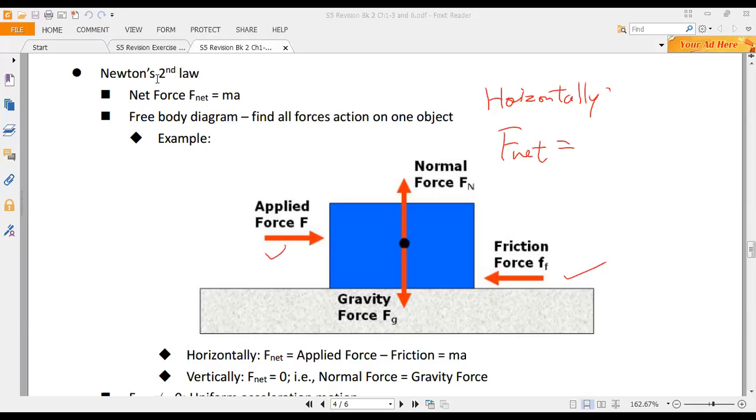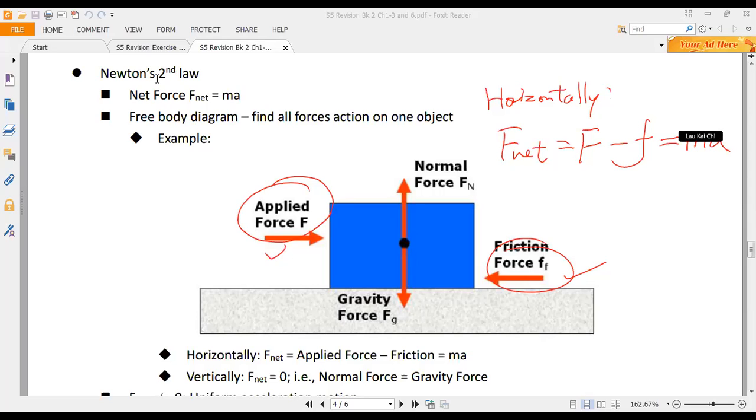So we need to cancel that and see the remaining value. What should it be? Big F minus small f. We will always be using that in case of forces acting on an object. We need to analyze that by doing a free body diagram, and then look at the forward force minus the backward force, and it is equal to ma.